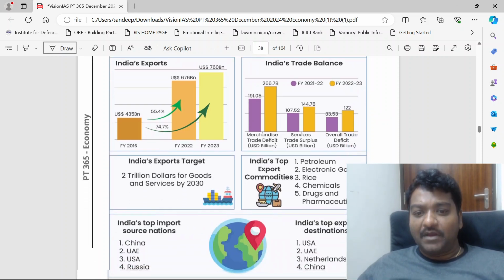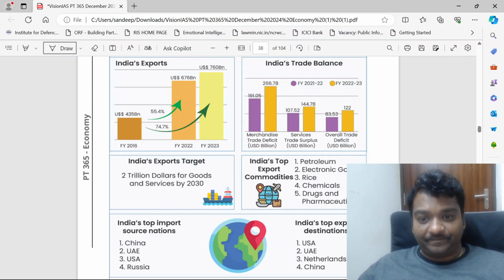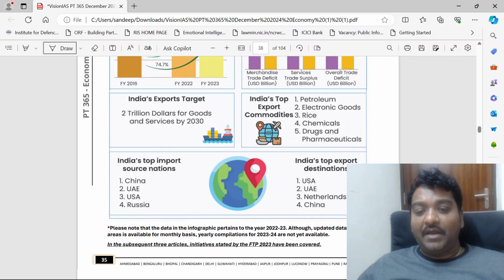See, India's top export commodities, petroleum. What we import more is also petroleum, guys. That is crude oil. But what we export more is petroleum. Second is electronic goods. We import more of electronic goods. We export also. Rice. India's top export destination, USA, UAE.